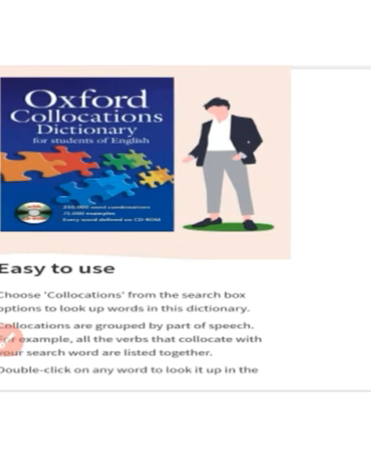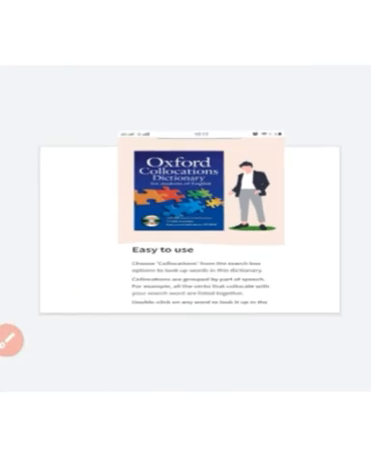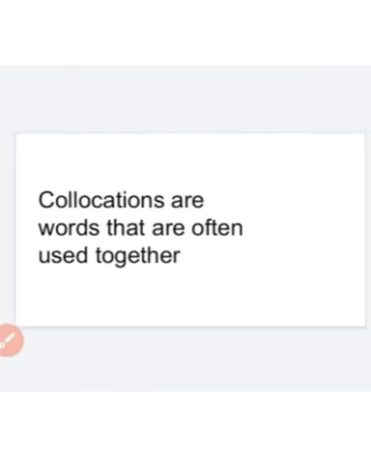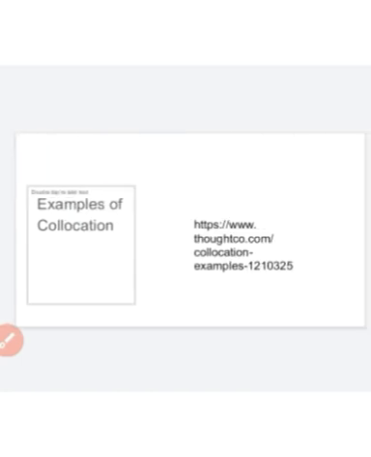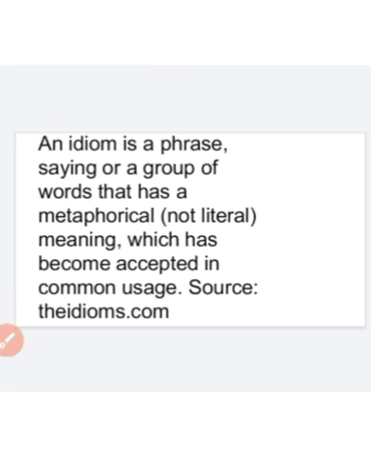Certain words come together, so how exactly do they come together? Collocations are words often used together. If you click on this link, you can see examples of collocation. There are so many words available. Study around 4 or 5 collocations so that you can write them in your answer.